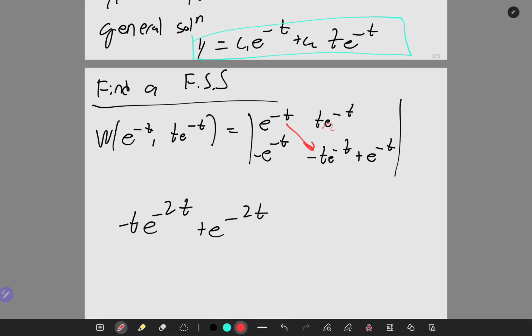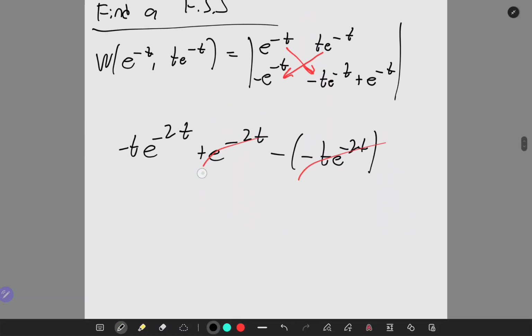And then we subtract the multiplication of these two. So then that's minus, I guess that becomes plus because of that negative there. Plus t e, let me write it out this way. This would become t e to the minus 2t. That becomes positive. These cancel.